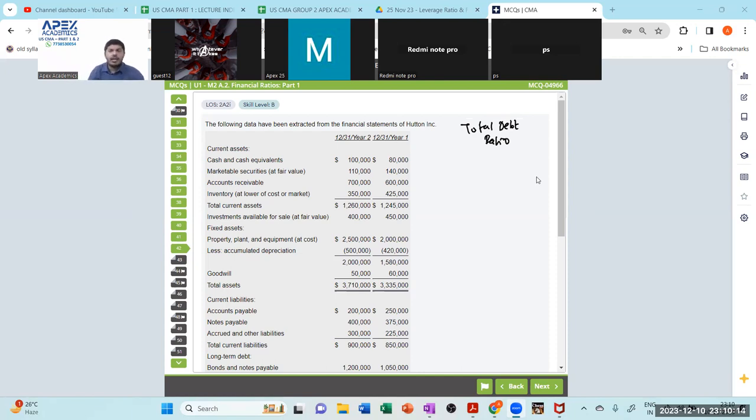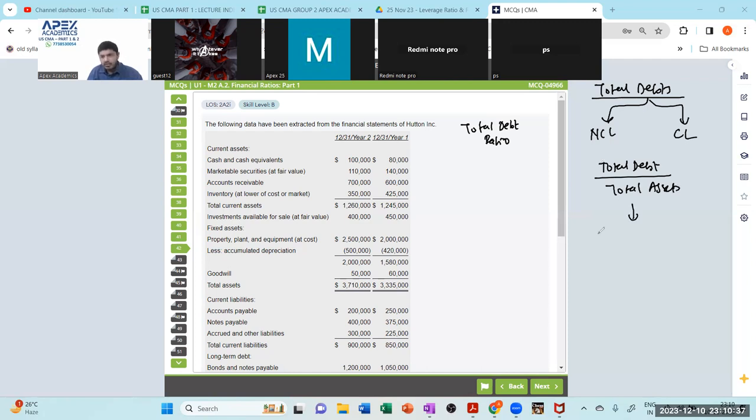Sir, please explain the total debt ratio. Okay, pay attention. Total debts comprise non-current liabilities and current liabilities. This total debt you will divide by total assets, and you will ask yourself what percentage of total assets are financed out of debts.